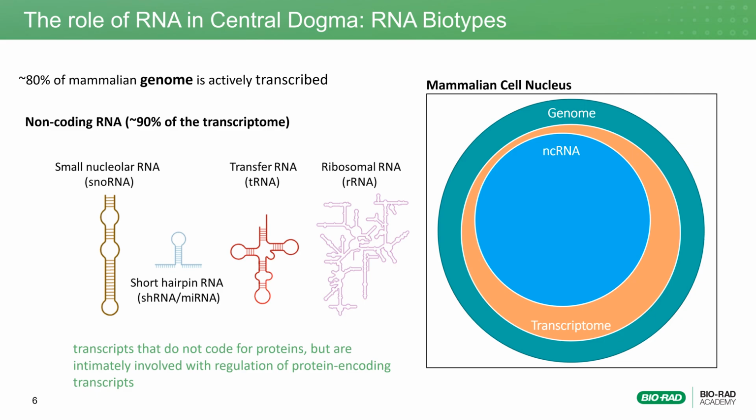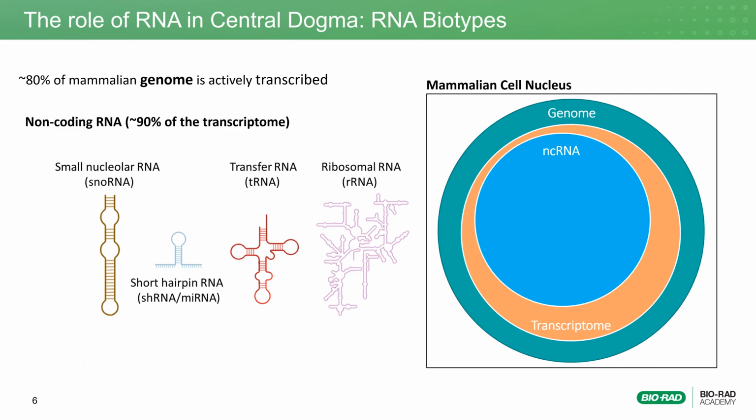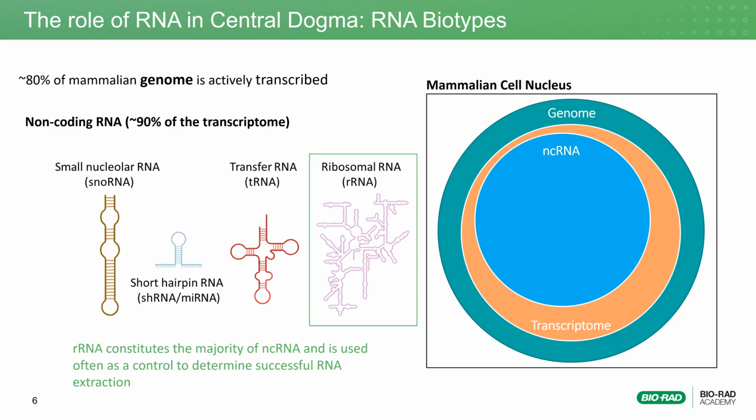Some common non-coding RNA biotypes include small nuclear RNAs, short hairpin RNAs, transfer RNAs, and ribosomal RNAs. Ribosomal RNAs make up the majority of transcripts within the transcriptome due to their large functional requirement during translation.